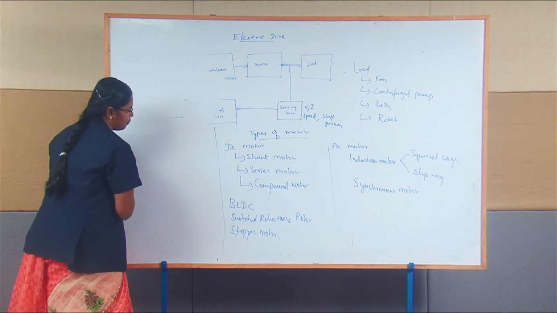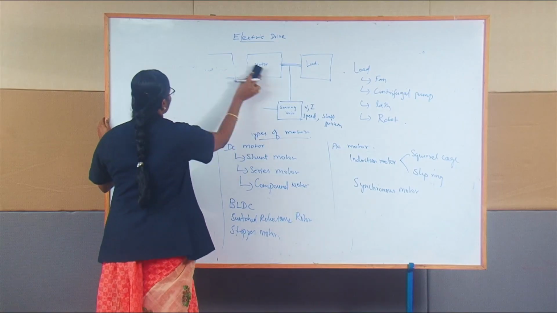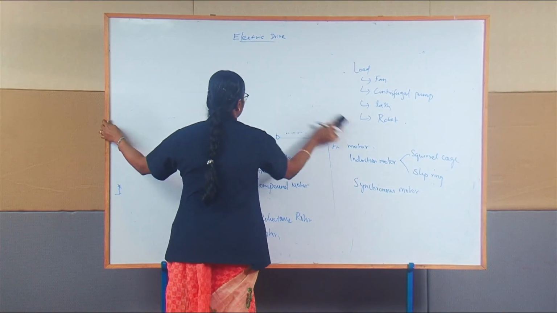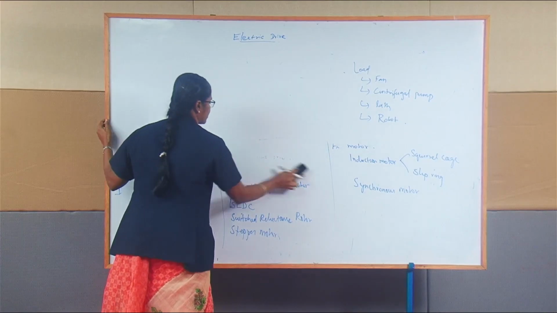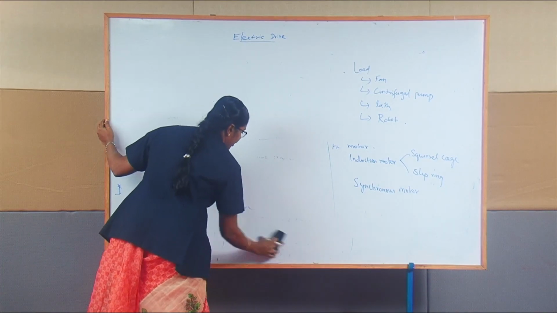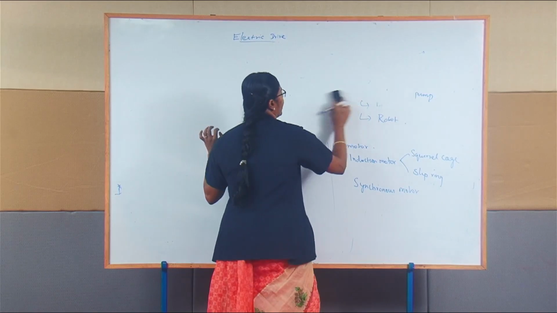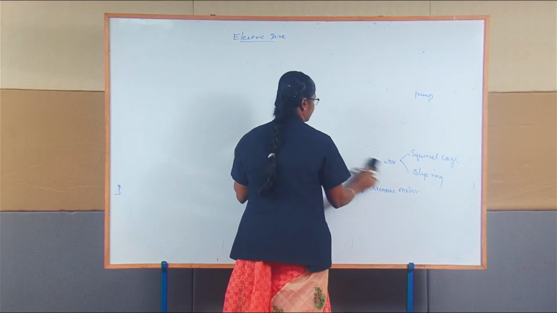Next, we can compare, as I said, depending upon the motor used, we have two types of drives, like AC drive and DC drive. So let us make a comparison of this AC drive and DC drive.